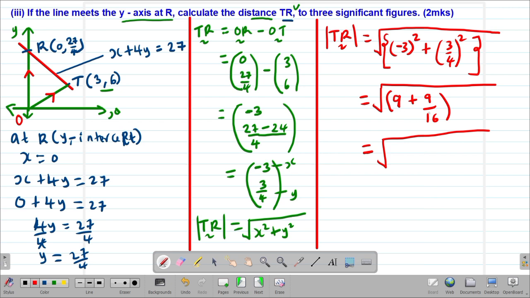If you take 9 plus 9 over 16 on your calculator, you get 9.5625. Therefore, the square root of this, correct to 3 significant figures as required by the question, is 3.09.